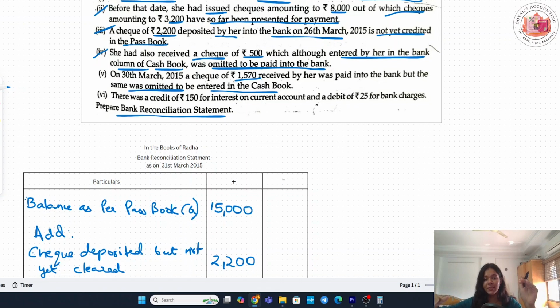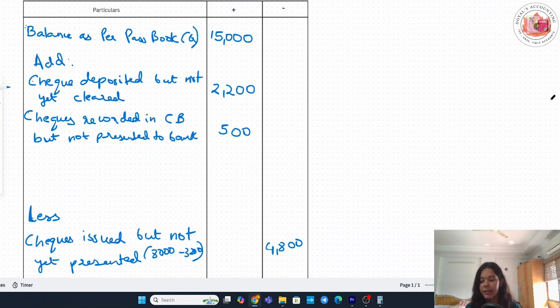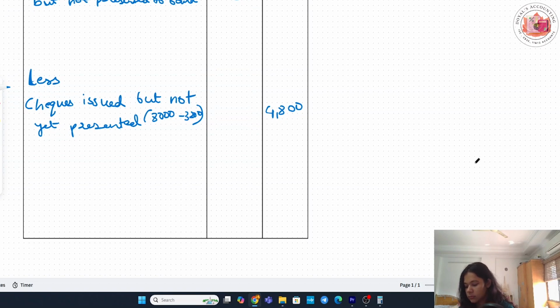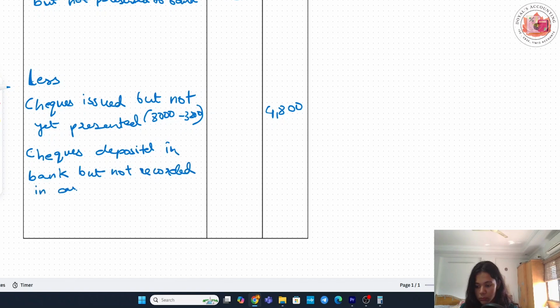If she has to equalize, she needs to deduct 1570. So let's less that. Checks deposited in the bank but not recorded in cash book, 1,570.